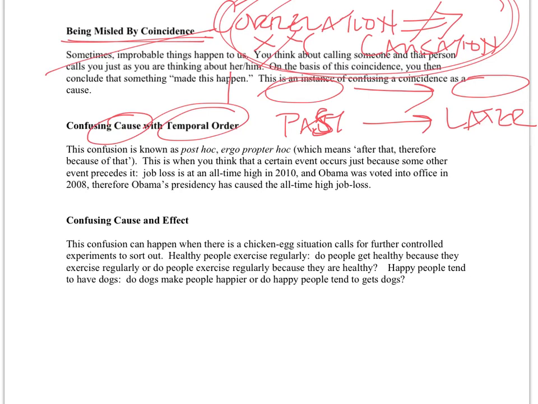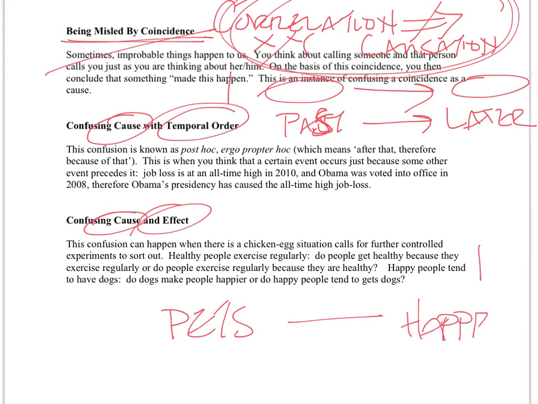And finally, making sure that you don't confuse the cause with the effect. So, for example, the example that's being used here, there's been some studies that show that people with pets tend to be happier. Now, one might think that getting pets causes happiness.